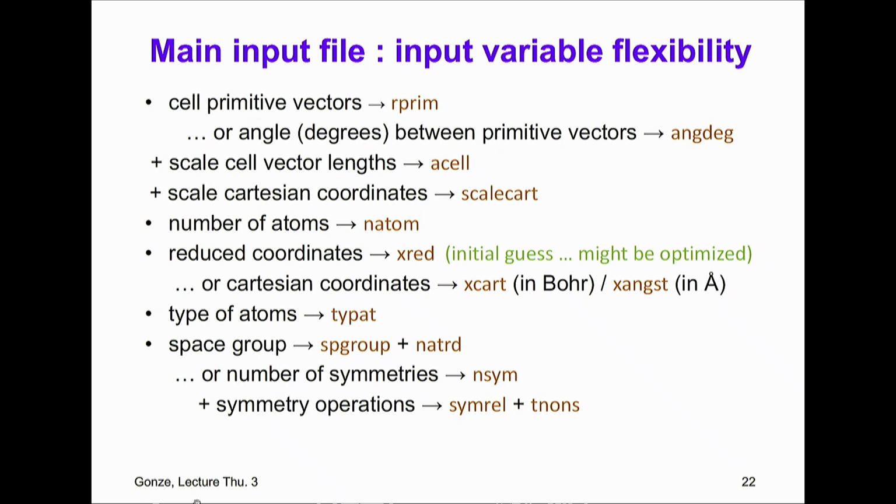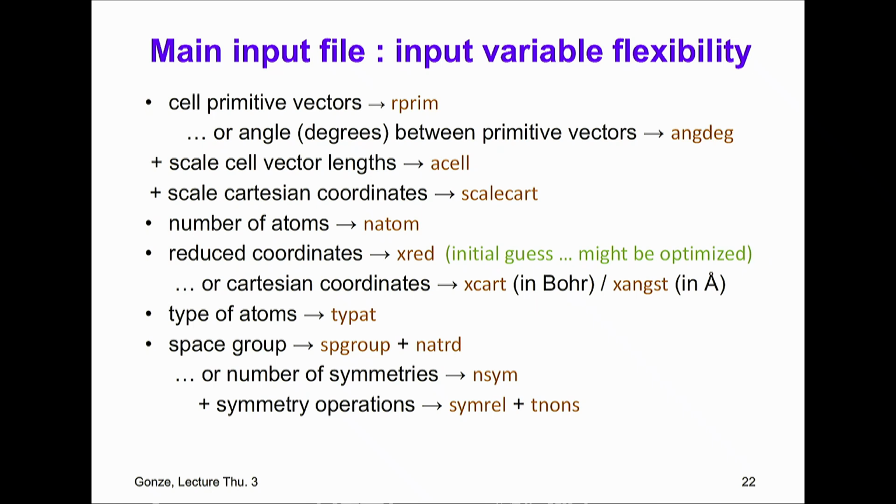There are some input variable flexibility. Let me illustrate this for the specification of the geometry. Of course, the primitive cell might not be a cubic one. By default, it is a cubic one, but one can perfectly specify the primitive vectors thanks to this input variable, or the angles between the primitive vectors. This is another possibility.